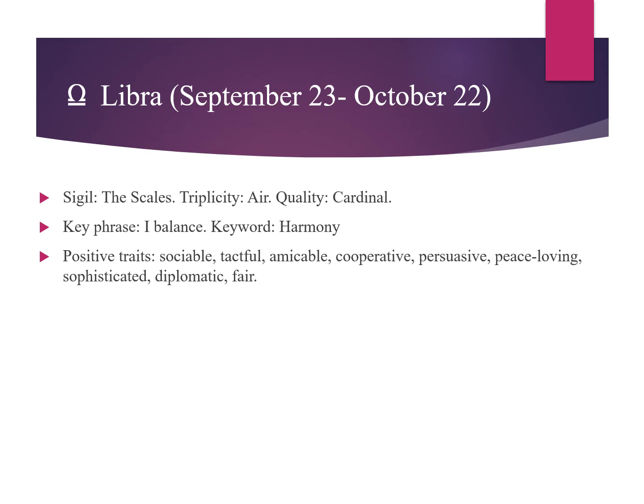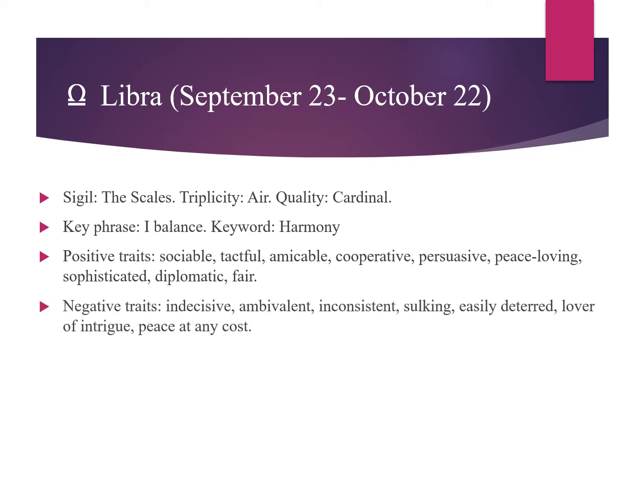Positive traits include being sociable, tactful, amicable, cooperative, being persuasive, peace-loving, sophisticated, being the diplomat, and being fair. Negative traits include being indecisive, ambivalent, inconsistent, sulking, easily deterred, being a lover of intrigue, and striving for peace at any cost.